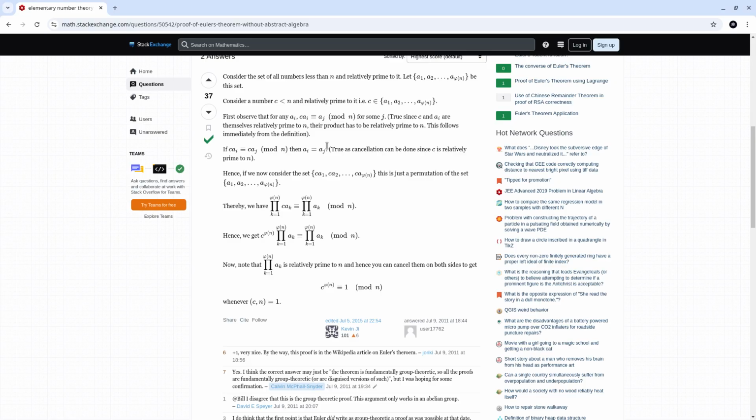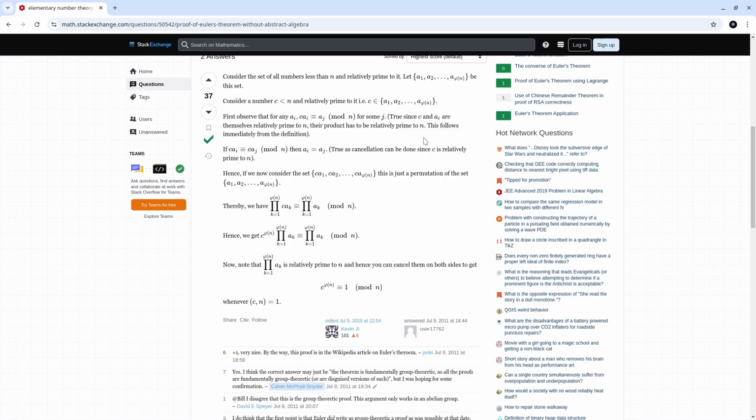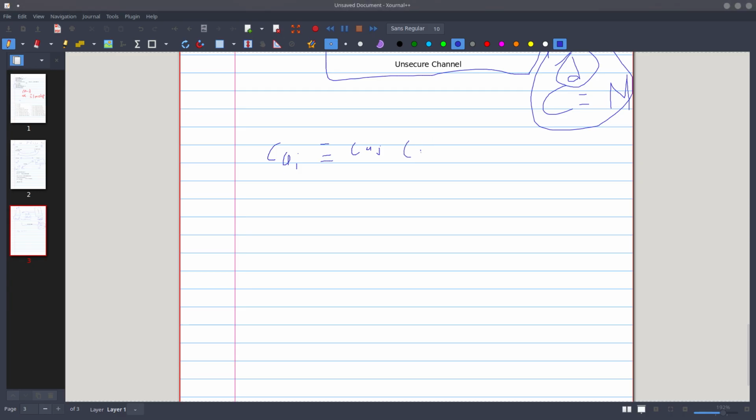So a sub i is congruent to a sub j, very bad writing, modulo n. What you do quite literally is transpose this value over, so bring this guy over here.